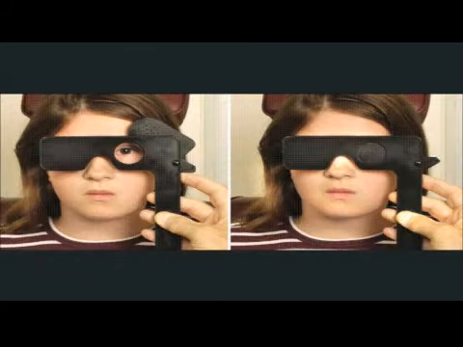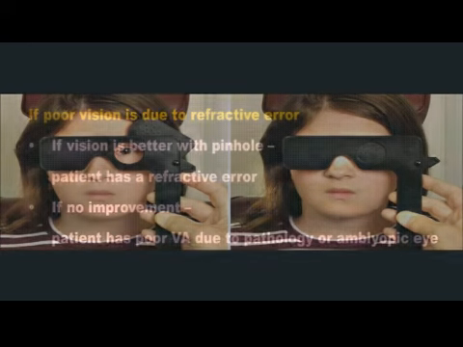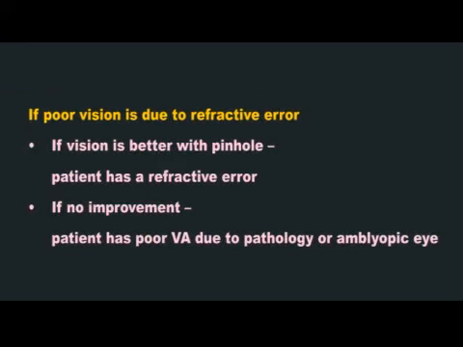The patient is instructed to view the Snellen chart with the pinholes up and then again with them in the down position. If the deficit corrects with the pinholes in place, the acuity issue is related to refractive problems. To determine if poor vision is due to refractive error: if vision is better with pinhole, the patient has a refractive error. If no improvement, the patient has poor visual acuity due to pathology or amblyopic eye.